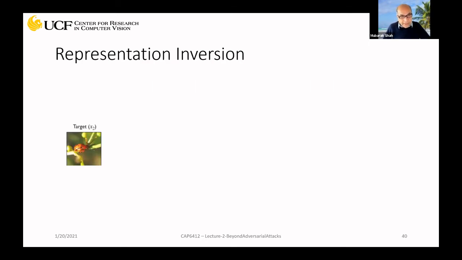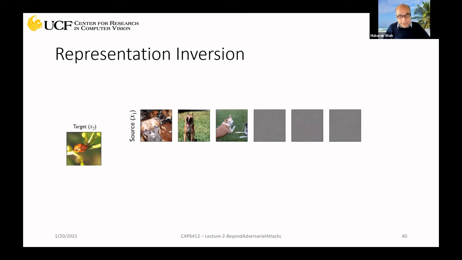Let's say we have a target image X2, and these are the source images X1. These are very different images. Some are random noise, some are other things. Then again, we want to take X1 and come up with X1 prime by adding some delta to X1 so that its representation is similar to this image.